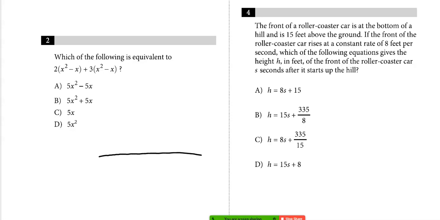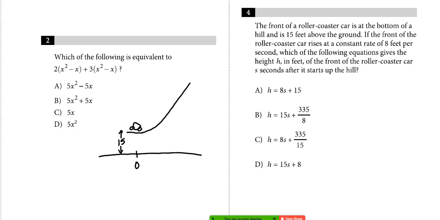So there's the ground, and we have some sort of roller coaster car that I'm assuming is going to head up. So we got our car here, and we're 15 feet above the ground. And if the front of the roller coaster car rises at a constant rate of 8 feet every second, so let's say this is 0 seconds.